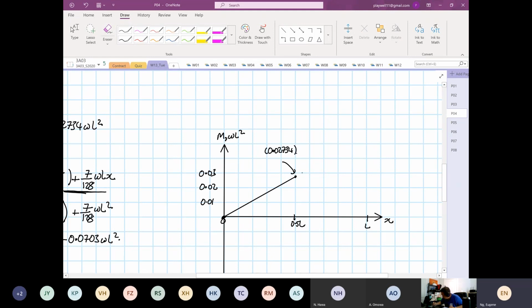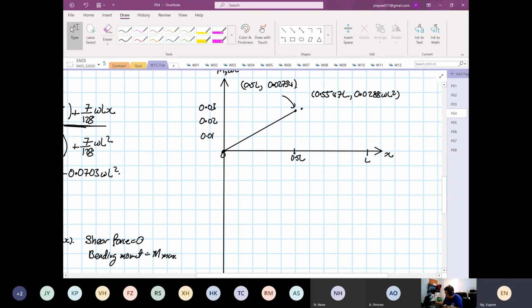So in your exam, when you do this, you have to write down, okay, this is going to be 0.5547 L. Okay, so I missed, the first point is 0.5 L, and then the magnitude will be equal to 0.0288 omega L squared. Okay, so this is the peak.